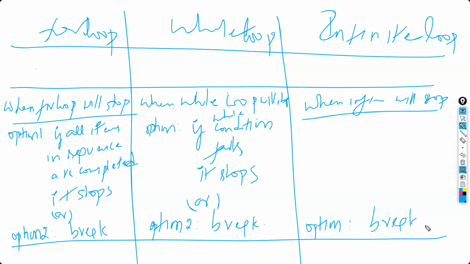Are the points clear? And these two are called finite loops. Finite means a limited number of times repeating.